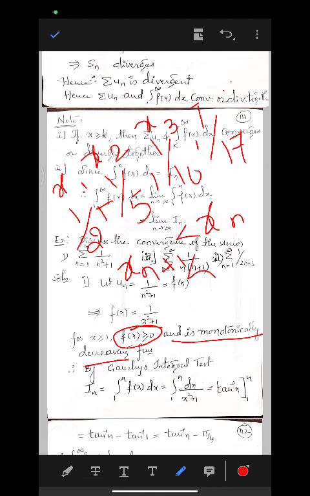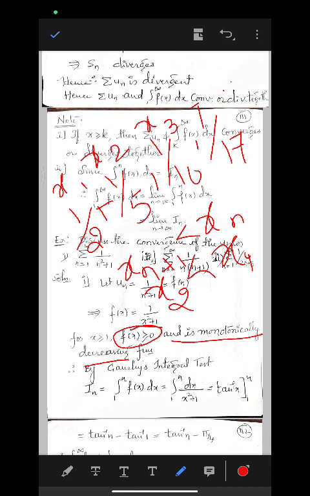No, because x1 is greater than x2 here. This one is x1 and this one is x2, so x2 is less than x1, that means x1 is greater than x2.